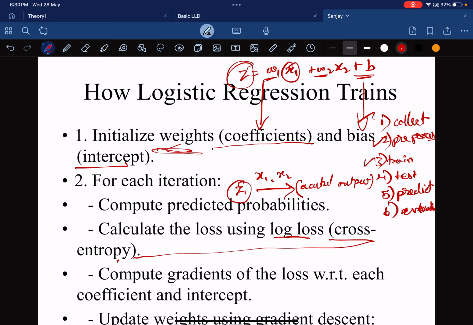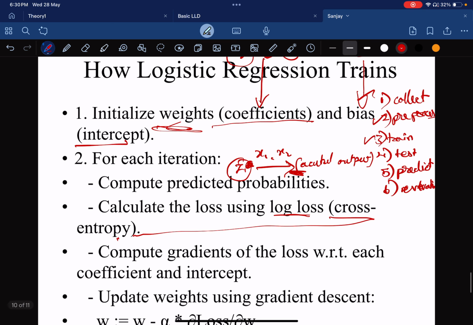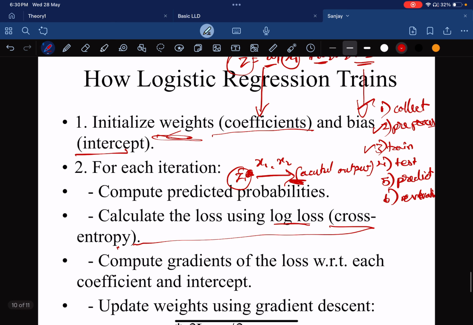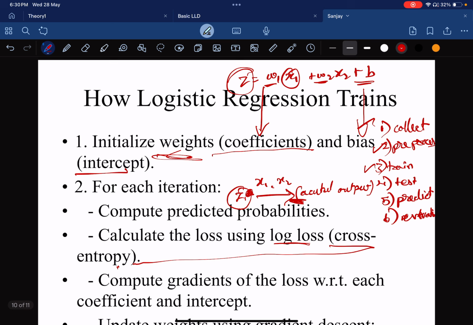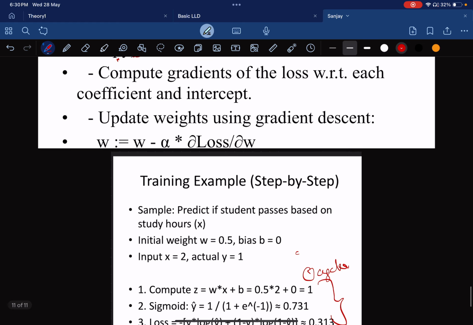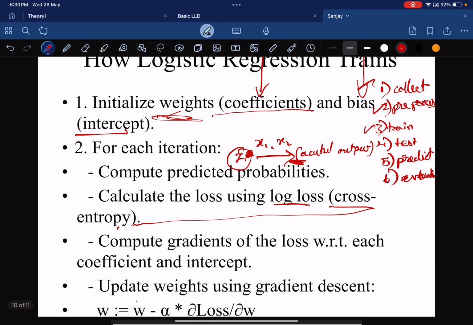It is used for finding the loss between the model's prediction and the actual value, and we will update the coefficients after each iteration. This is the loss function.